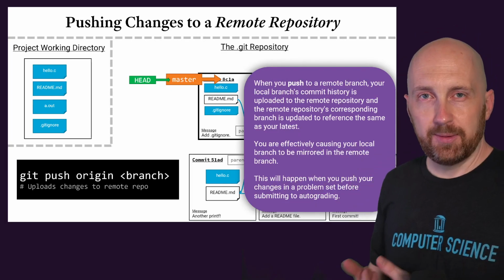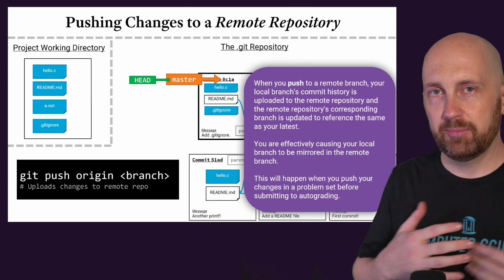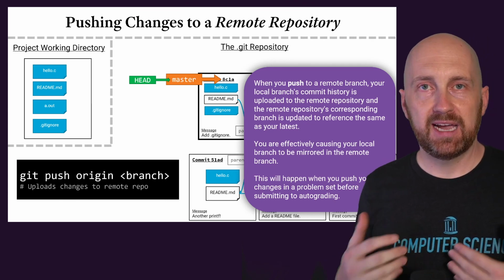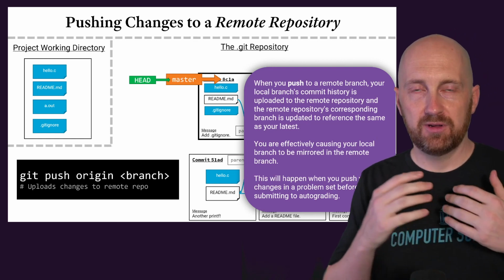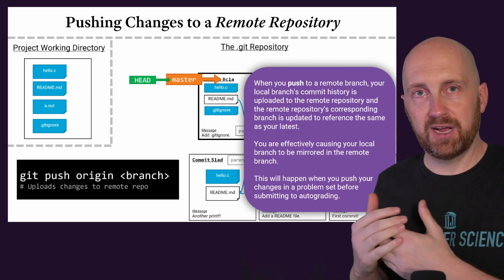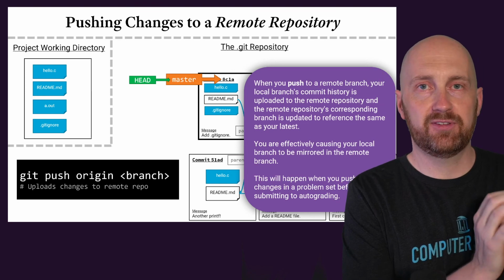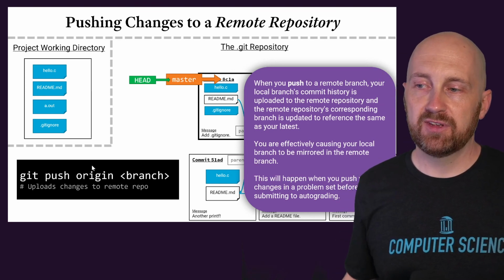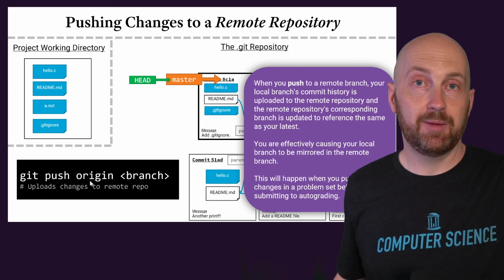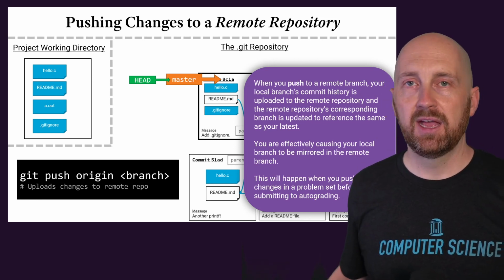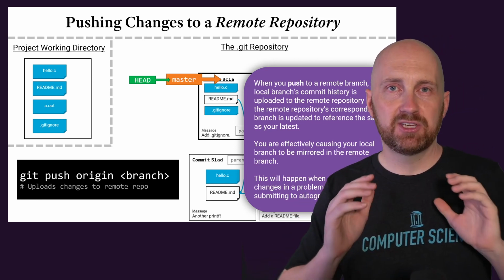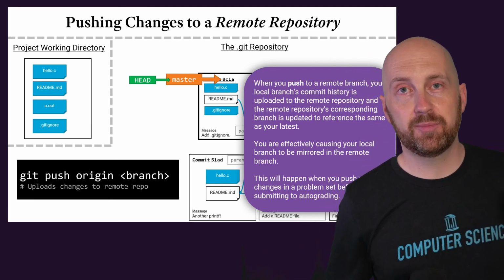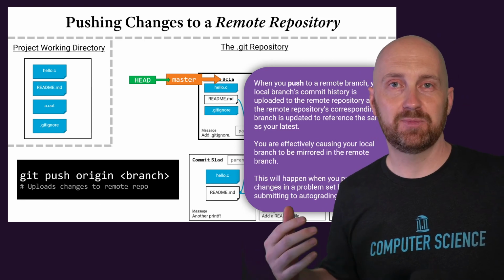We're not going to be able to demonstrate pushing because we haven't set up a repository that's out on the internet like on GitHub. But the idea of when you push a branch from your repository up to the internet, say like on GitHub or some other server, what's happening is origin is going to refer to some other copy of your repository that's on the internet. And when you push a branch, you're saying, hey, here are all of the commits that I want to push up to this other repository who has the same branch as me.